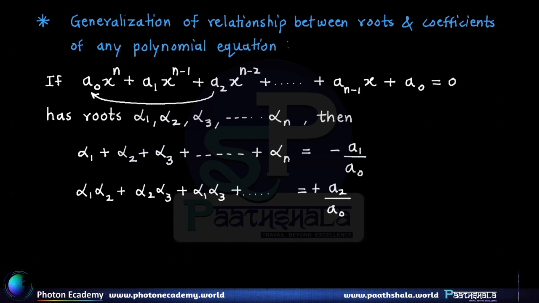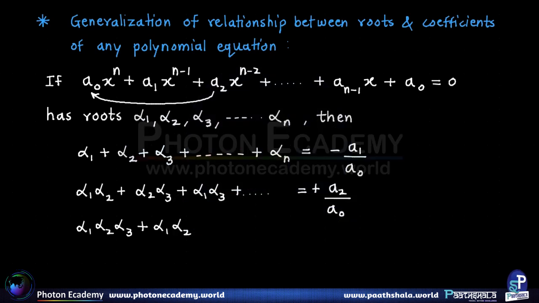Now if we take the sum of products of three roots at a time, that is alpha 1 alpha 2 alpha 3 plus alpha 1 alpha 2 alpha 4 and so on till we cover all the possible products, this will be given by minus a3 upon a0, which is nothing but the next coefficient.